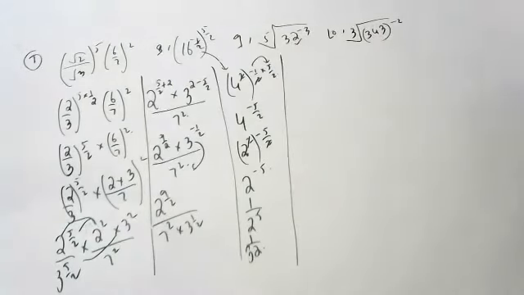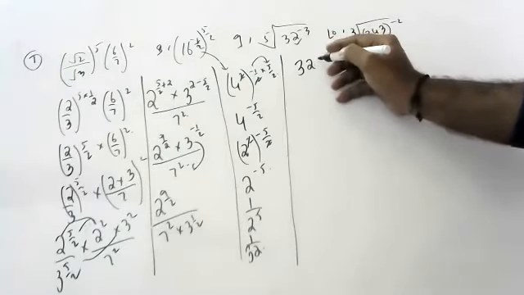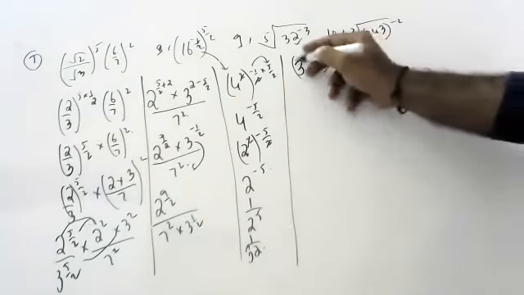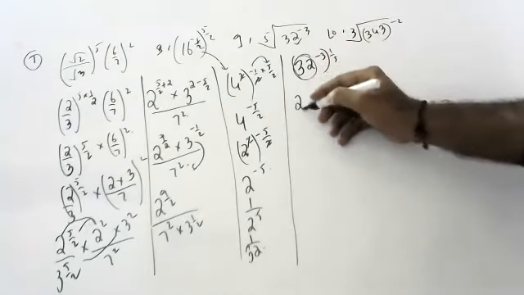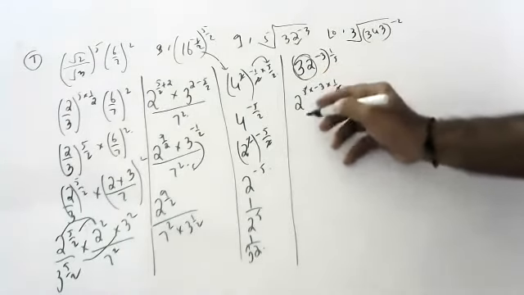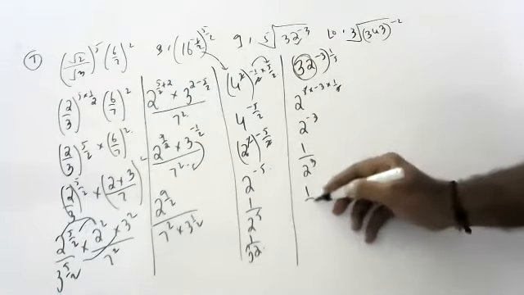Then 32 whole power minus 3 into 1 by 5. 32 can be written as 2 power 5. Minus... 1 by 2 power 3, 1 by 8.